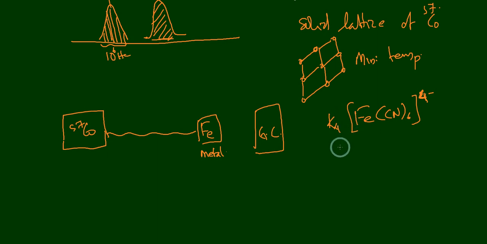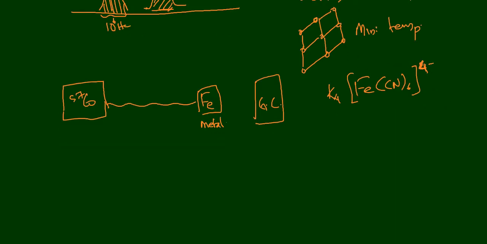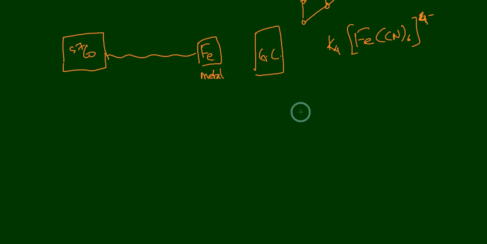So if you are placing a sample like this, then this ion is not going to absorb the radiation coming from here. Why is the ion in this sample not going to absorb the radiation? This is because the iron nucleus here is in a different chemical environment.